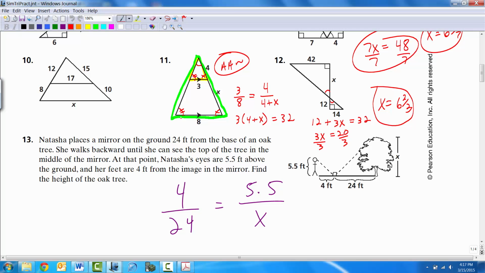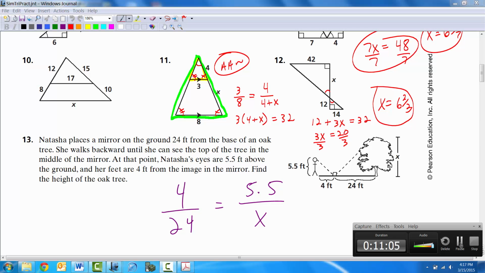If two sides are parallel cut by a transversal, then corresponding angles are congruent. So these are similar by AA. So I may proceed. 3 does go with 8. 3 to 8 equals 4 over 4 plus x. Right? And then this is where you'd have that distribution and solve. So just take a look at that and then read this word problem, how a tree and a person create similar triangles. That's it for your review for not being in school.